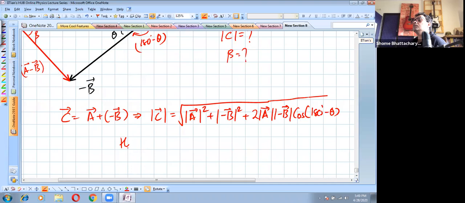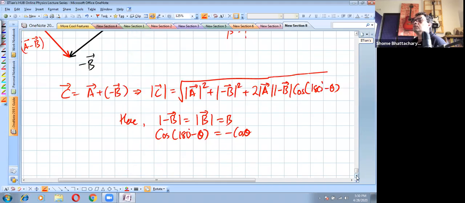So here, keep in mind that the magnitude of minus B will be how much? It will be equal to the magnitude of B. So they are just opposite in direction. So that is B. Okay. And cos of 180 minus theta, which we've learned number of times now, is minus cos theta. So make use of that, and we get this formula now.